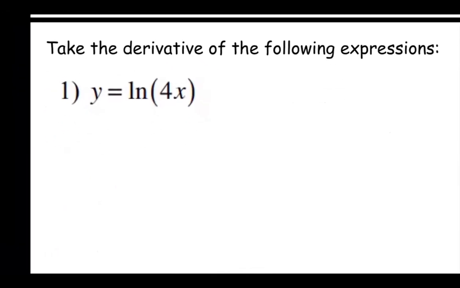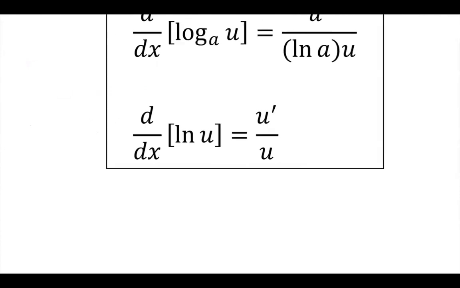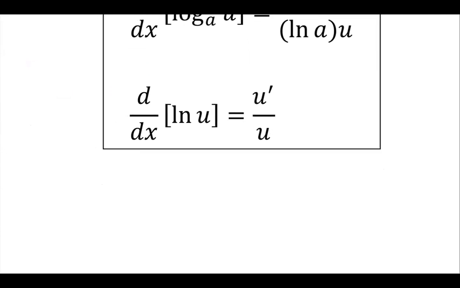All right, so the first one, number 1. The numbers are kind of out of order, so don't worry about that. I think around 9 or 10, they start repeating or something, so don't really worry about the numbers. Okay, so the natural log of 4x, we got to find the derivative of. Natural log says whatever this is here, I take the derivative of it on top and it repeats on the bottom.